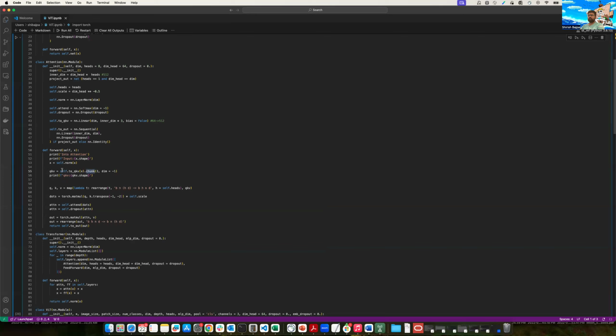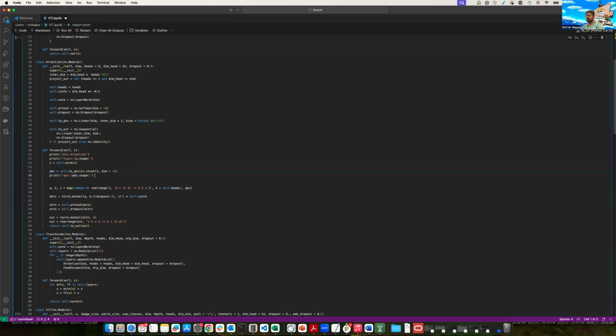This chunk will split the output into 3 along the last dimension, so we'll have Q, K, and V: three different matrices.